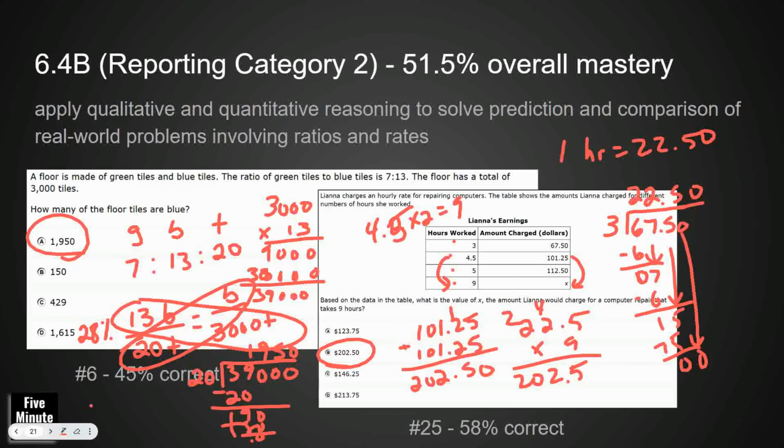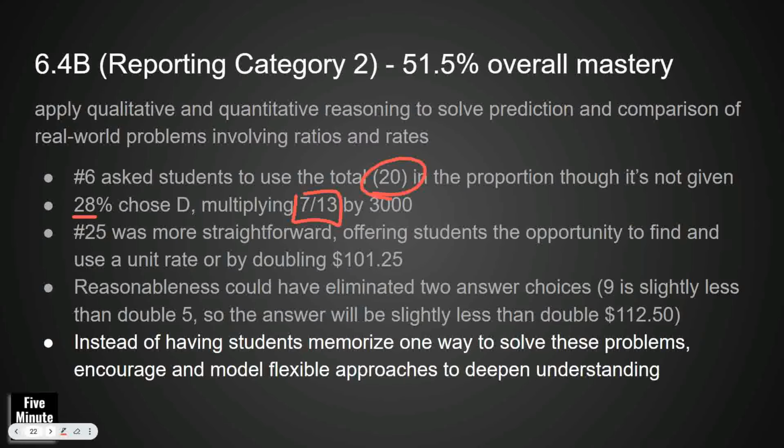Now, that doesn't sound like fun, but they just did like this, 7, 13, and we're going to multiply this by 3,000. And you're going to end up getting that 1615, which looks big. We know there's going to be a lot of tiles. I understand not choosing B and C, but this is how we chose D, and obviously they didn't set that up correctly. But number 25 is more straightforward.